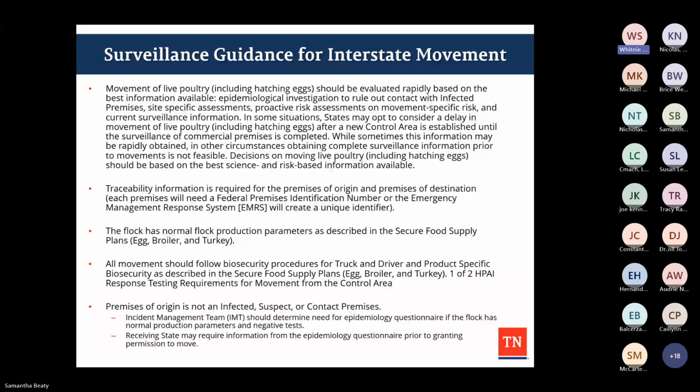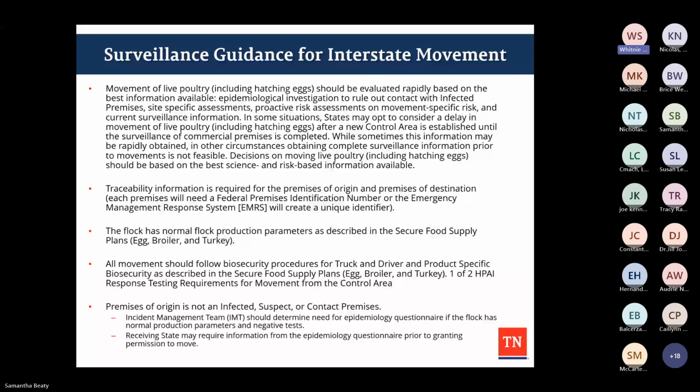This is when, at the initial detection, we're doing a lot of that epidemiological work because we are trying to very quickly establish who's an infected premises, who's a contact premises, or maybe an at-risk premises. Because pretty quickly we know there's going to be movement requests, but we have to know who we are going to allow to move things, who's going to be the biggest risk for potential disease spread if we allow the movement of various poultry products.